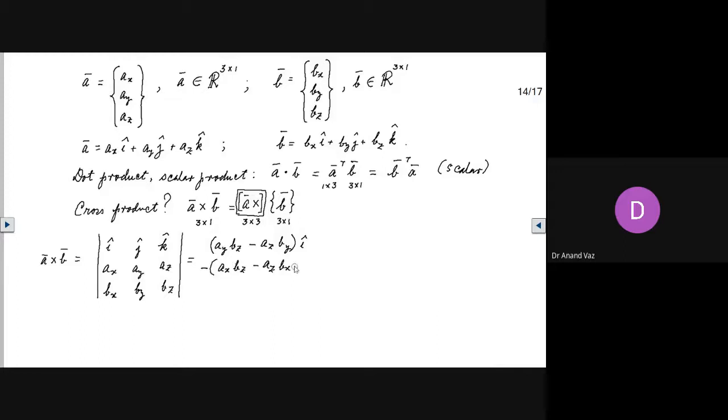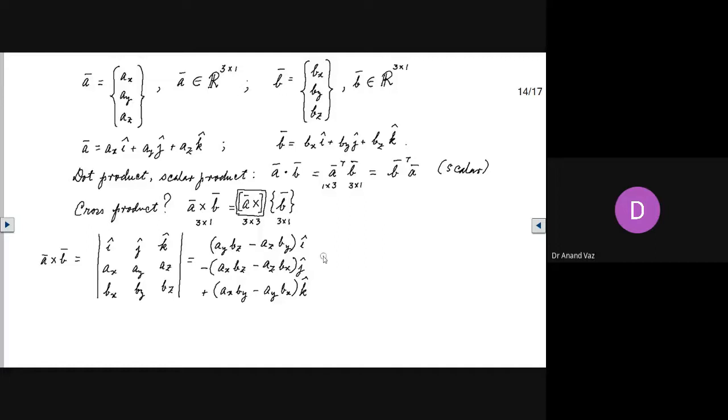And then we have plus k, with AXBY minus AYBX. So this is our vector product. We know that this is how we obtain the product.